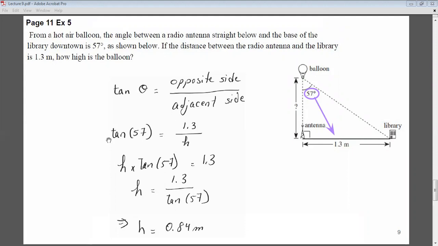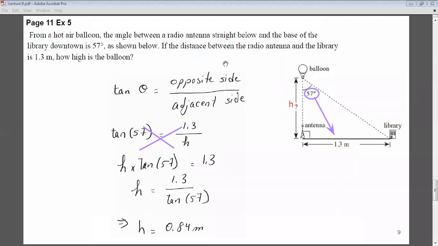Theta is 57, so tangent 57 equals opposite, 1.3, over, let's call this h. Cross multiplication: h times tan 57 equals 1.3, h equals 1.3 divided by tan 57. You calculate it on the calculator, 1.3 divided by that, and you get h.